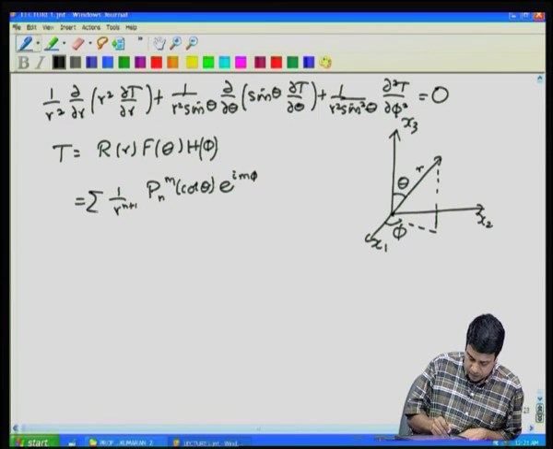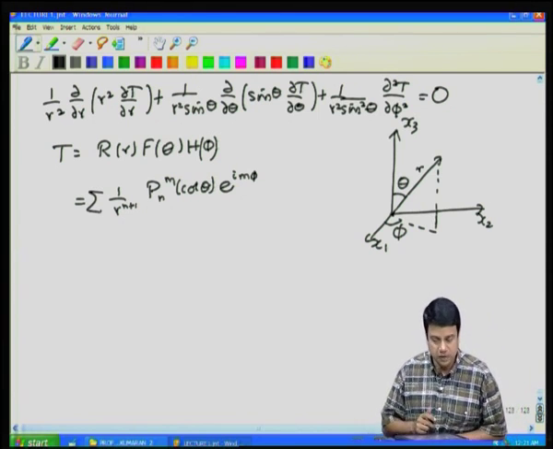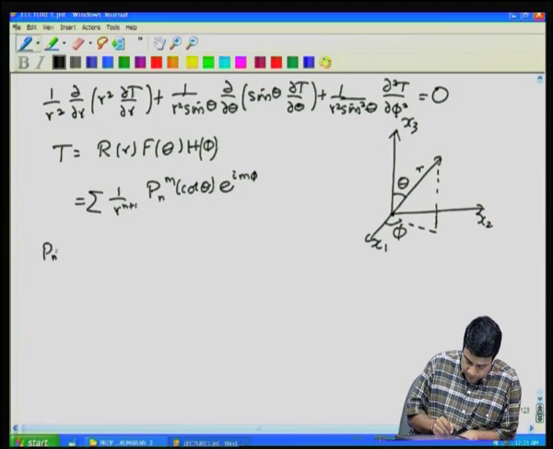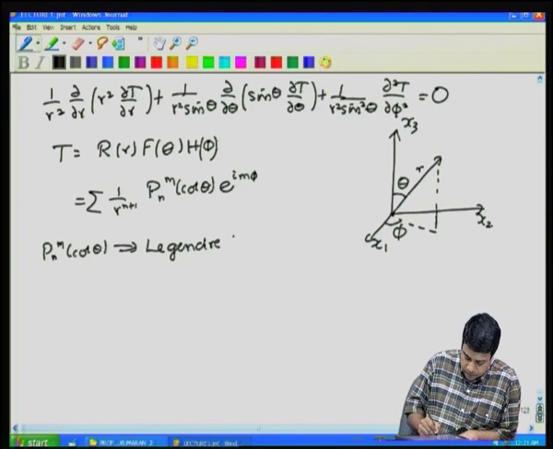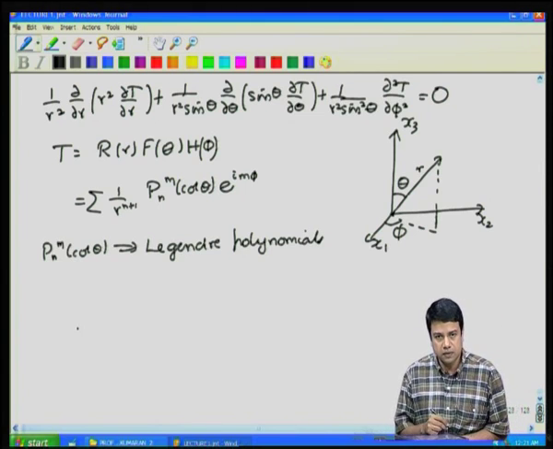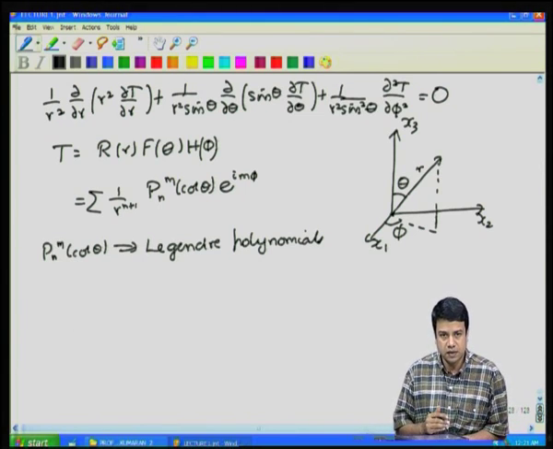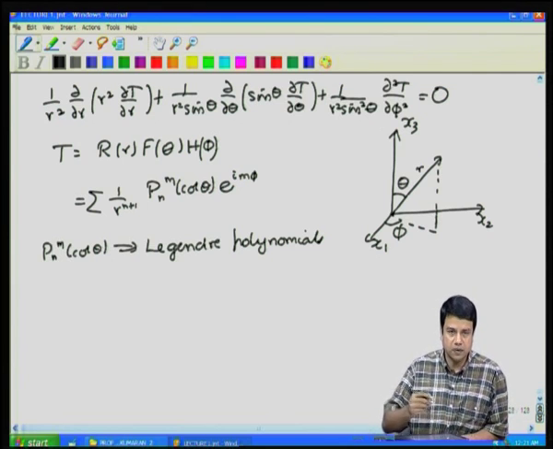We had got two sets of solutions where P n m of cos theta were the Legendre polynomials. So I got one series of solution in which the temperature decreased as you went far away.